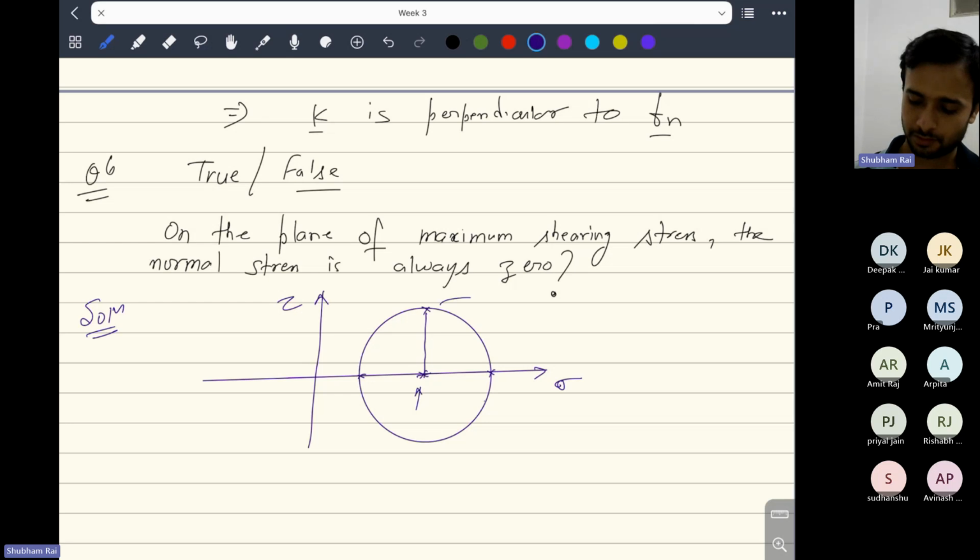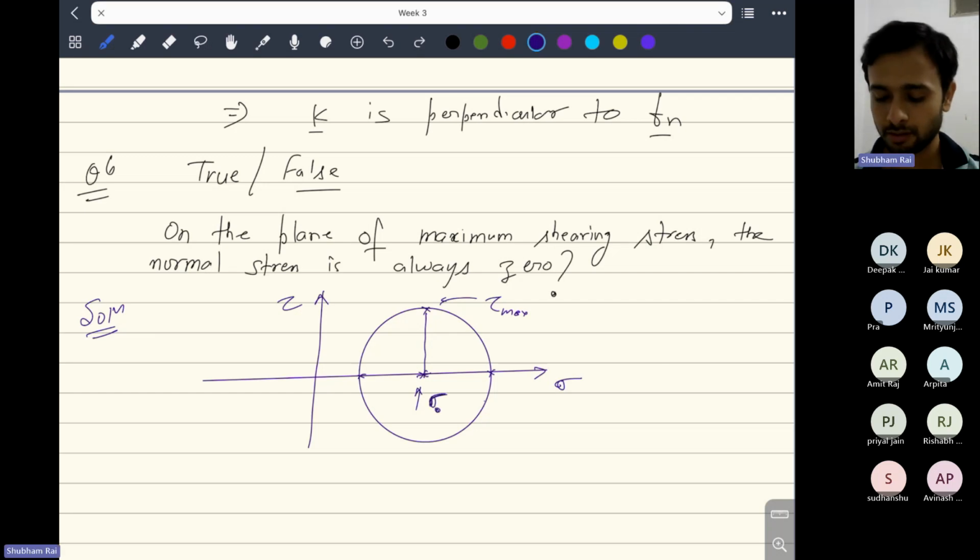Let's say this is tau max, and here you have sigma one, the principal stress. So here your normal stress is not zero.